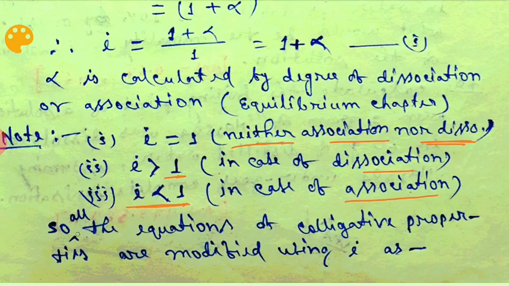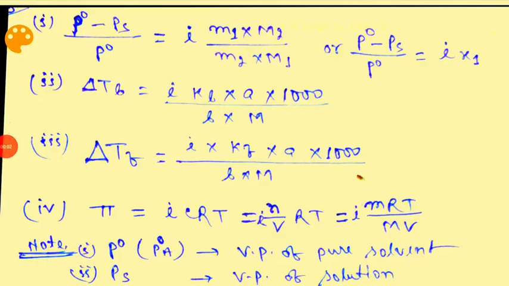Now, all the equations of colligative properties, the 4 equations you have read, are modified using I. First equation you have read is relative lowering of vapor pressure: P naught minus Ps by P naught is equal to M1 into capital M2 by small m2 into capital M1.